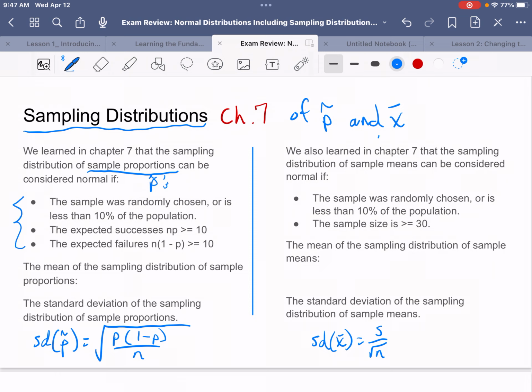If those conditions are met, you consider that the distribution of p hat is normal, and therefore you can use normal CDF to calculate probabilities.